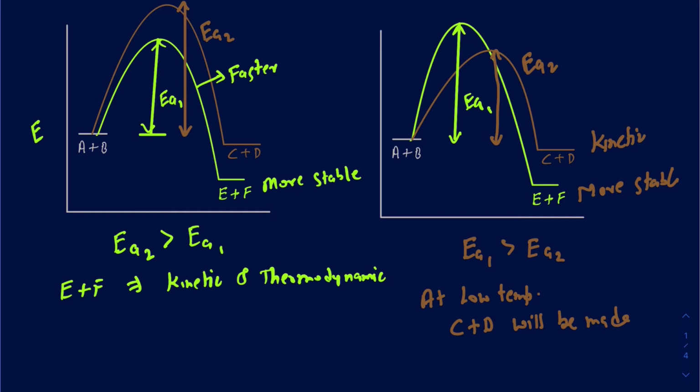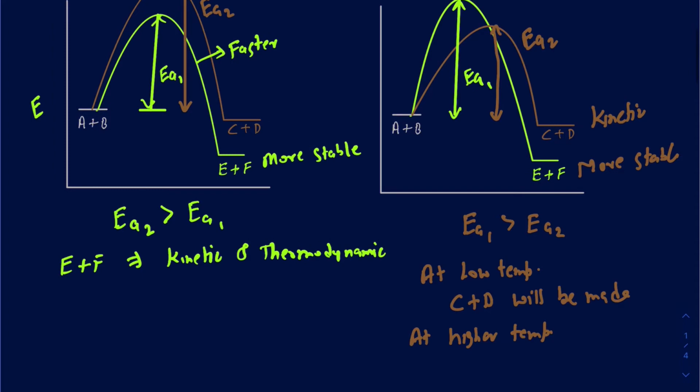But as soon as you start increasing the temperature, so at higher temperature, now C and D are going to have enough energy to go back and make A and B because they are in reversible phase. But now A and B also are going to have enough energy to cross the activation energy EA1, and as a result, they're going to start making E and F as your product.